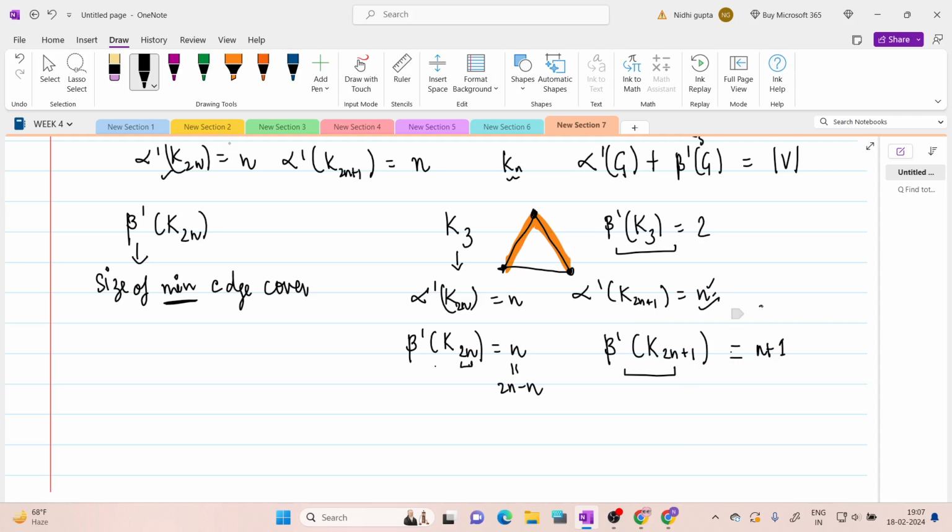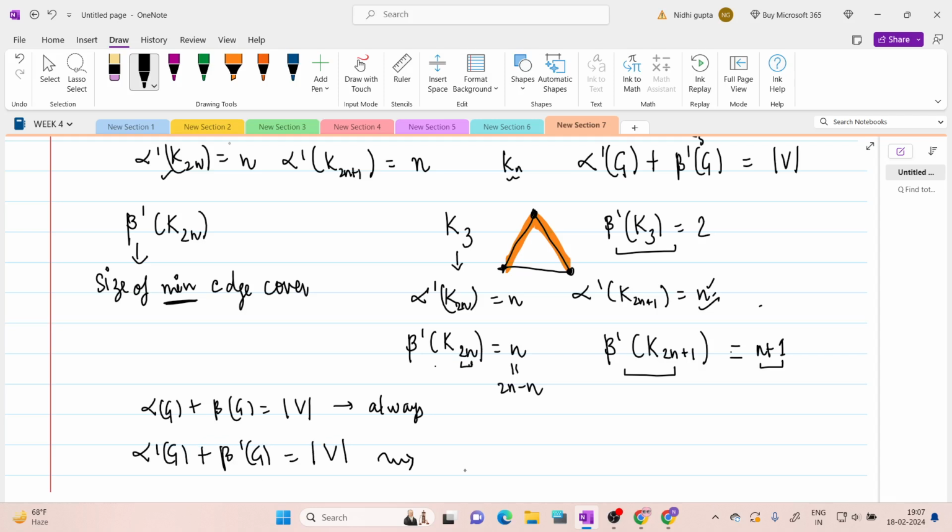So 2n plus 1 minus n will give us n plus 1. I just wanted to make clear that alpha G plus beta G is equal to the order of vertices always. But the condition that alpha dash G plus beta dash G is equal to the order of vertices, we can imply this only when G has no isolated vertices.